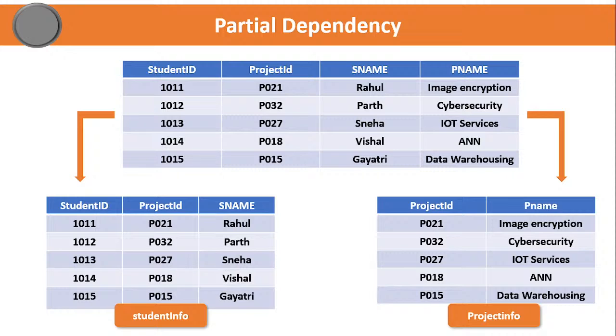Hence, the condition has been satisfied here, and similarly we have the project info. With the help of project ID, we can get the name of different projects that are allotted to students. So now the relation is in second normal form of database normalization. I hope you understood that, guys.